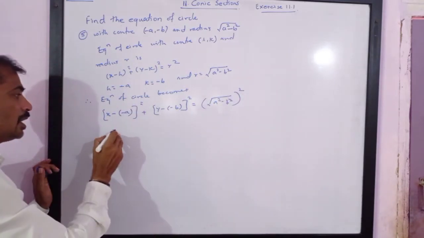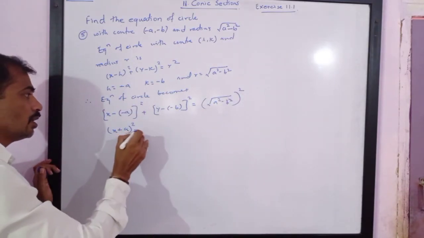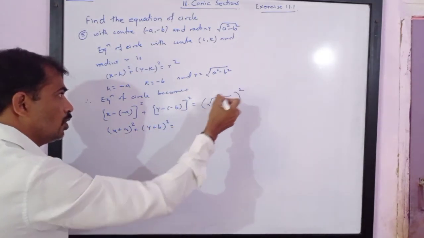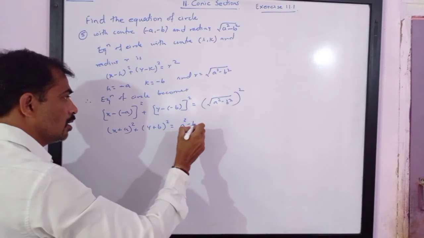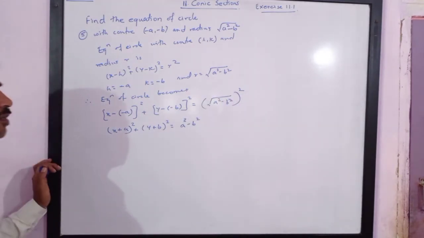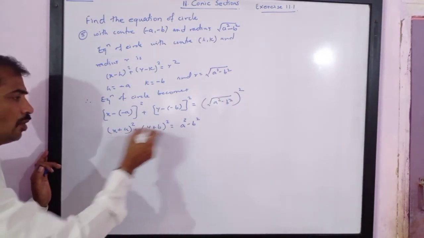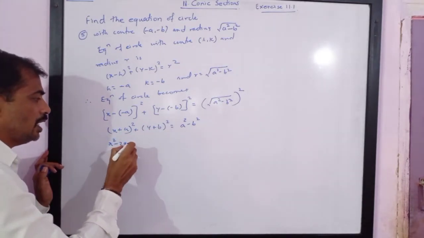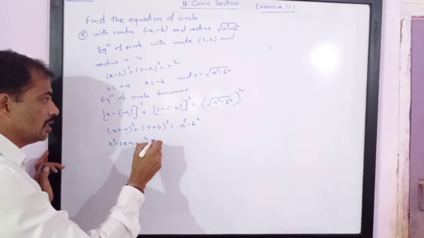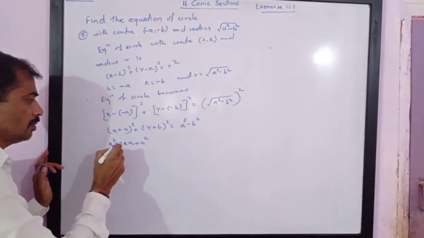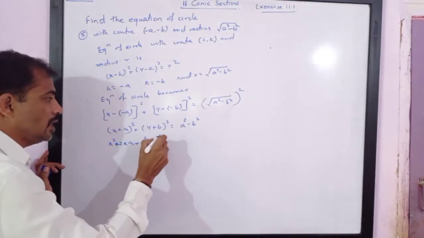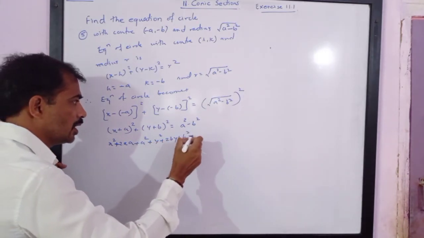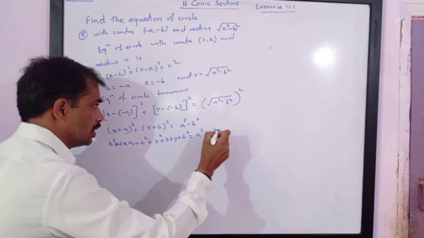So this will be x plus a bracket square plus y plus b bracket square is equal to root and square cancel each other, so it will be a square minus b square. Now please note what is the equation. If you expand this, you will get x square minus 2xa plus a square, plus y square plus 2by plus b square is equal to a square minus b square.